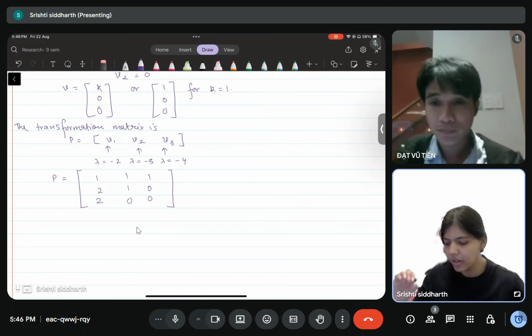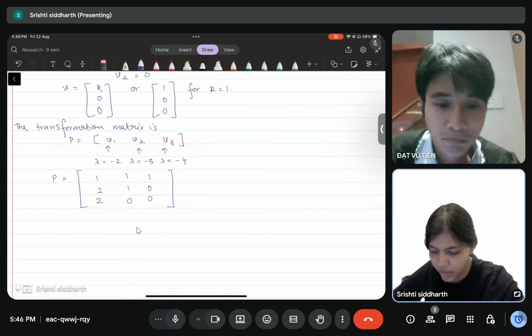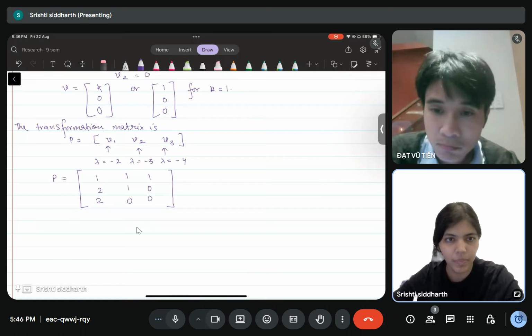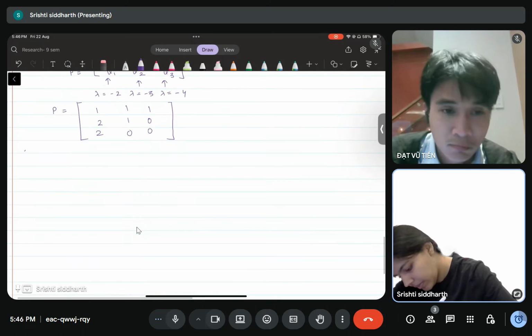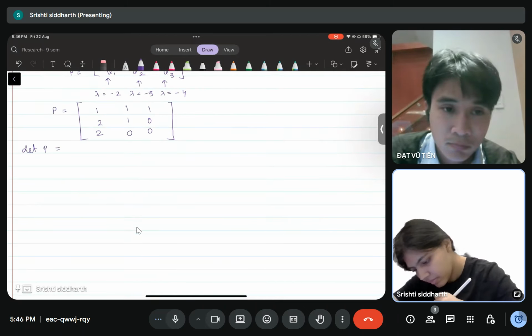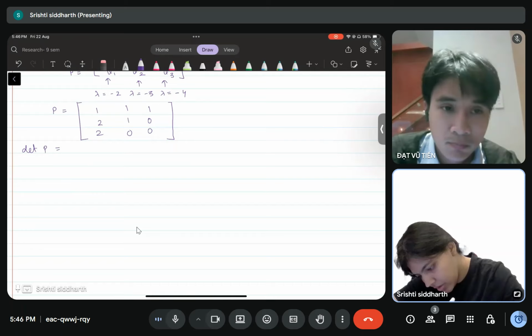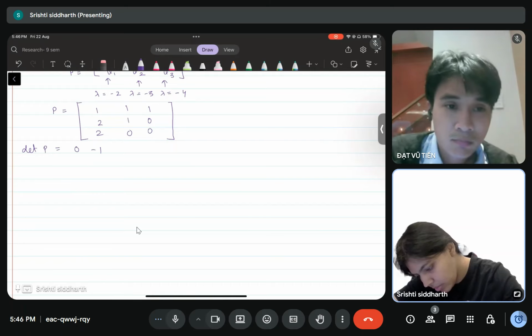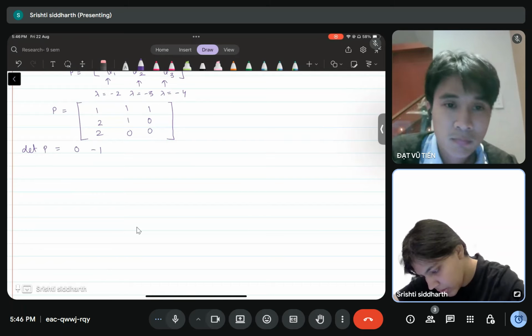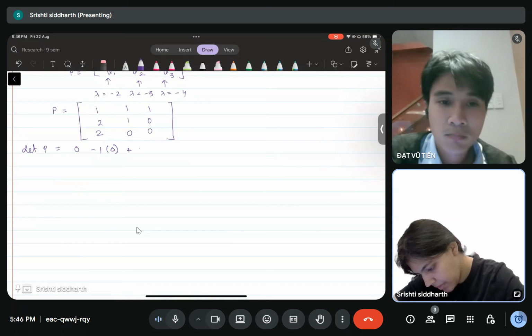So after writing down the P matrix, the first check that we should do is whether P is invertible. So let's check the determinant. This is 0 minus 1 times 0 plus 1 minus 2.